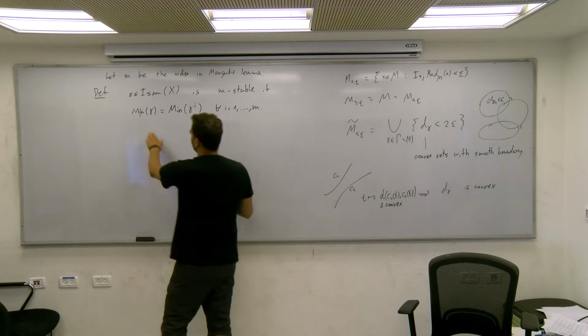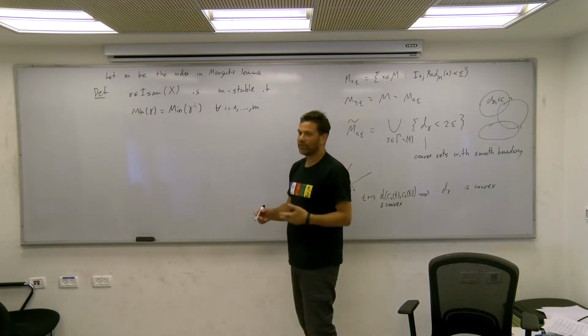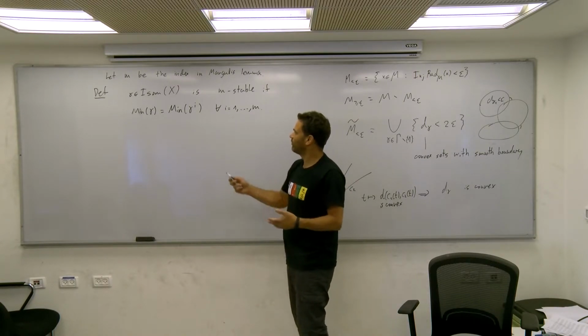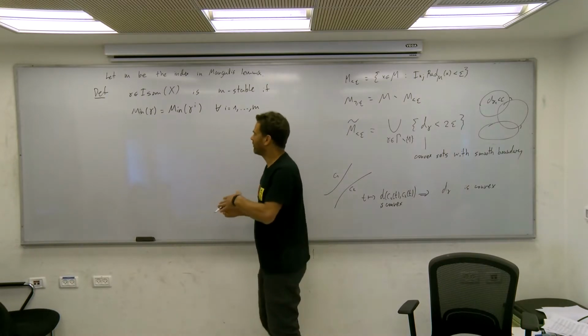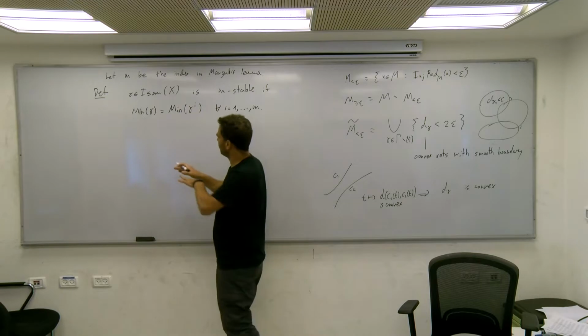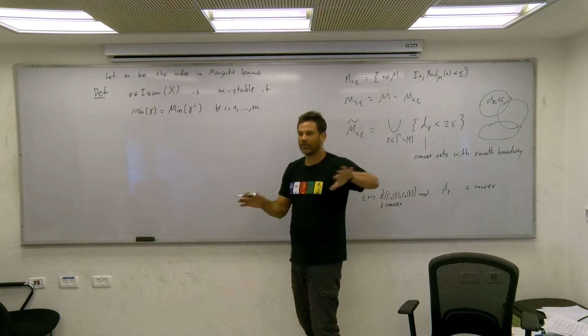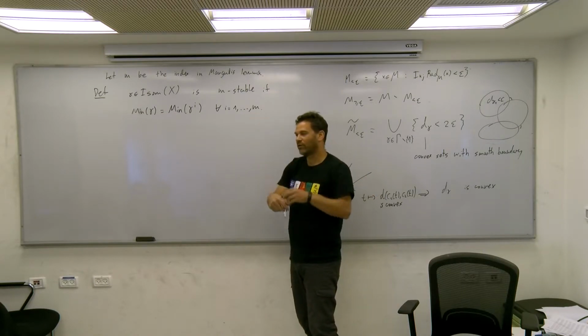So it could be empty if gamma is a parabolic element. But if it's a semi-simple element, then the set is not empty. And the set where gamma attains the minimum is the set of all the axes of gamma. So gamma has many parallel axes, and it translates on them and then does something outside.